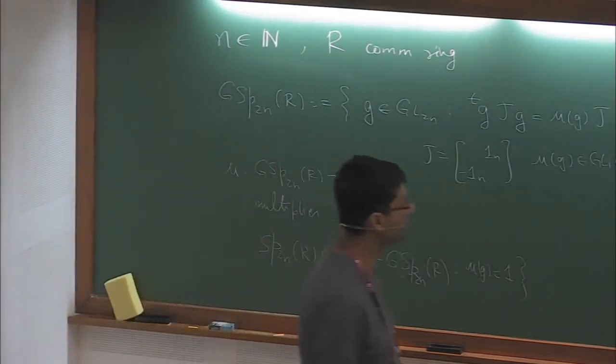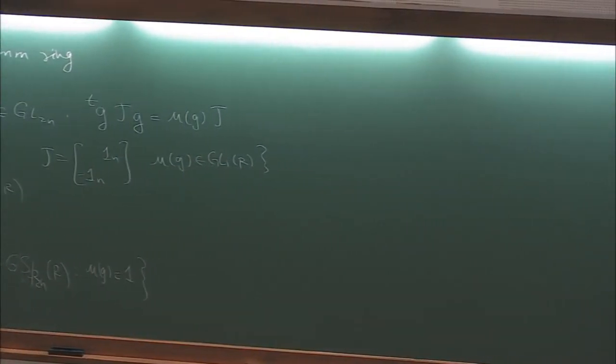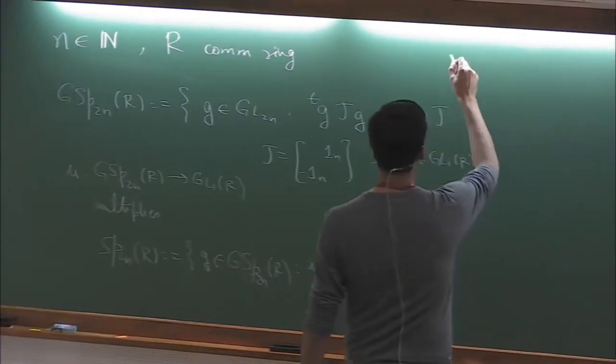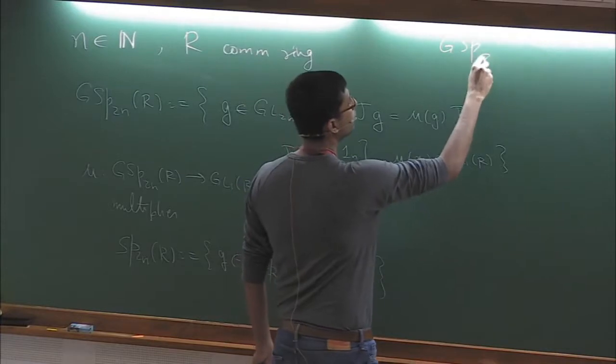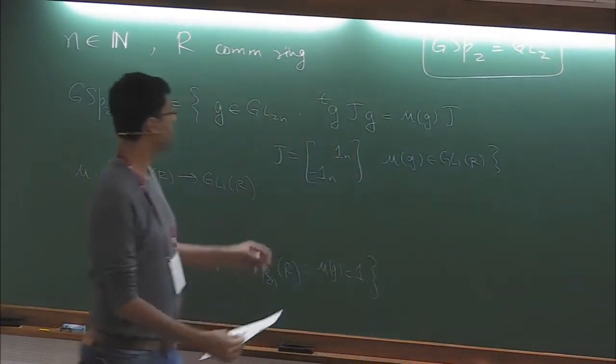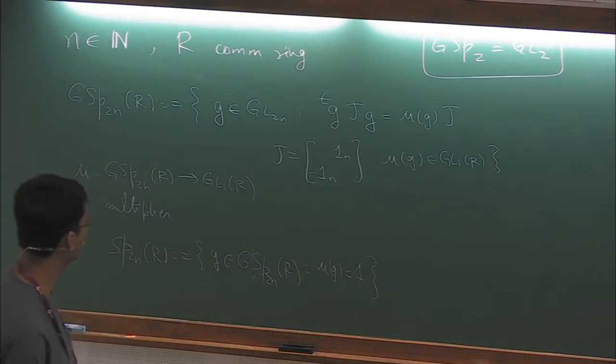And I just want to write down some easy matrices which belong to this group. And you can already see that if I have n equals 1, GSp_2 is exactly my GL_2. There is no condition coming out of this. So this is indeed a generalization of your elliptic case.